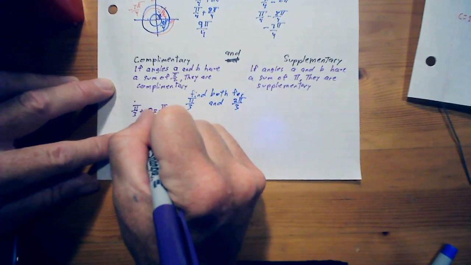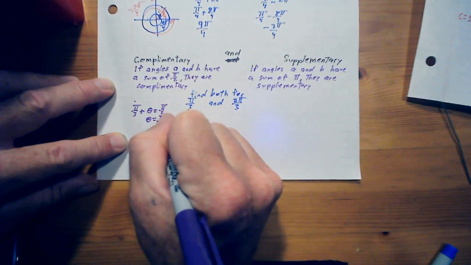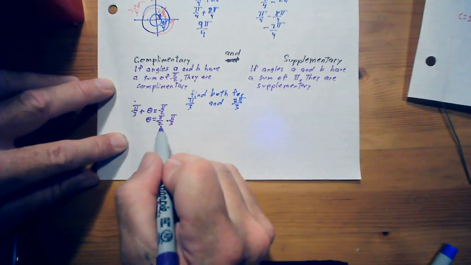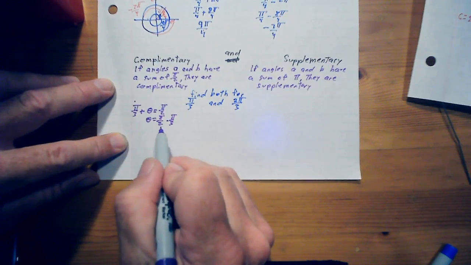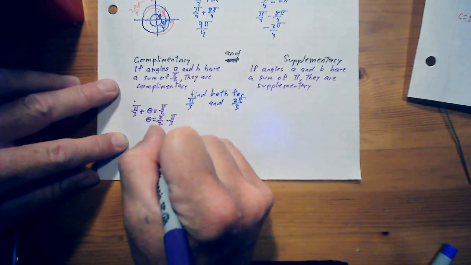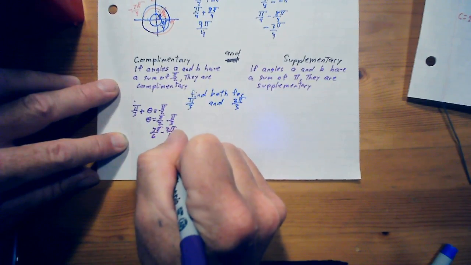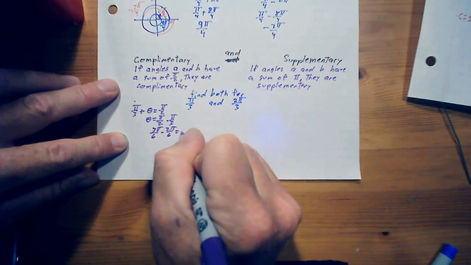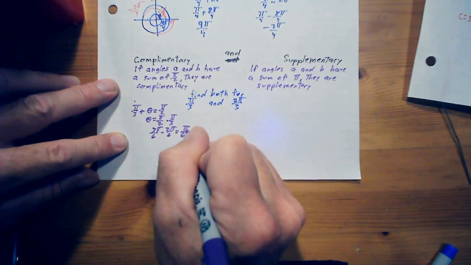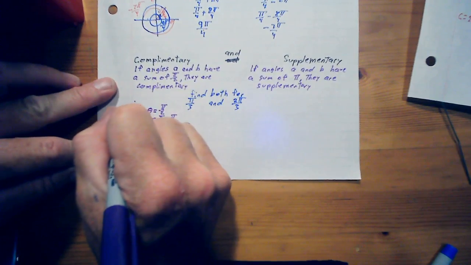That means theta equals pi over 2 minus pi over 3. Well, let me get a common denominator here. I'm doing fractions. The lowest common denominator is going to be 6. So this would be 3 pi over 6 minus 2 pi over 6 equals pi over 6. That's the complement. All right, there's the complement.